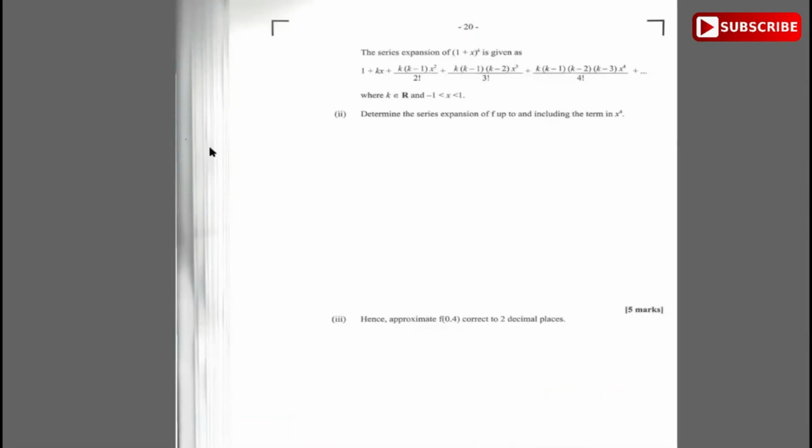So let's determine the series expansion for f of x. In this case, f of x is equal to 1 plus kx. K is 1/3, x is 2x, so it's 1 over 3 times 2x, plus k times k minus 1.